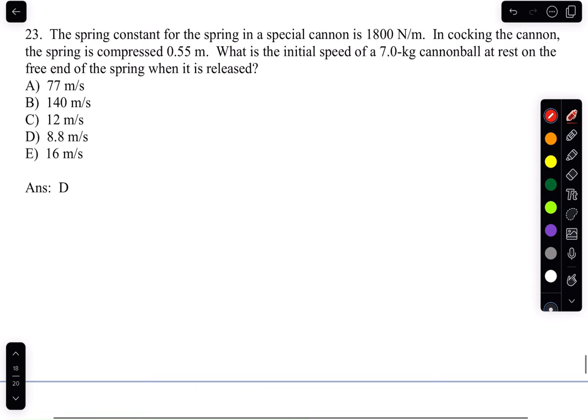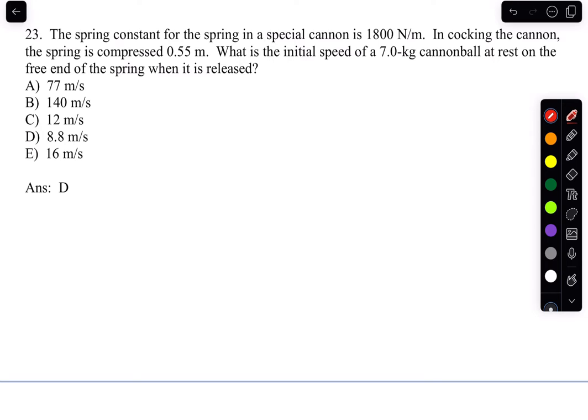In the next question, we have a spring in a special cannon. The spring has a stiffness of 1,800 newtons per meter. In cocking the cannon, the spring is compressed 0.55 meters. We want the initial speed of a 7 kilogram cannonball at rest on the free end of the spring when it is released.